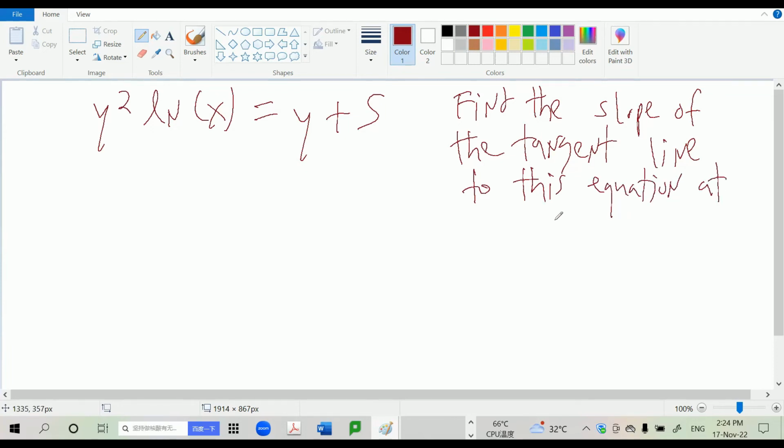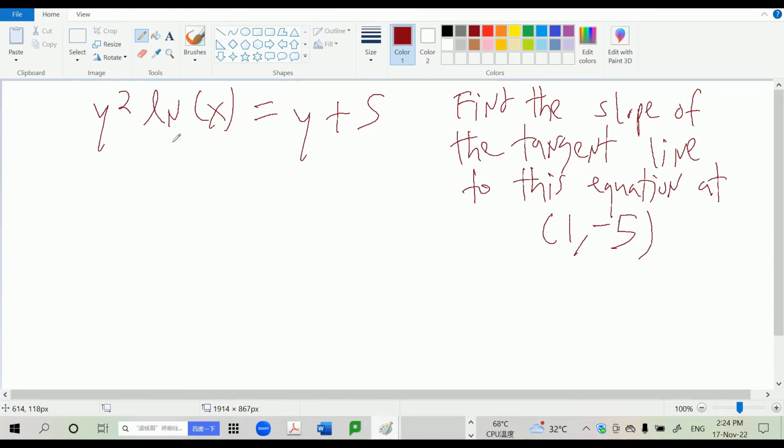At the point 1, -5. Okay, so that's at 1, comma, -5. That's your x, y point where you want to have your tangent line drawn to this equation.